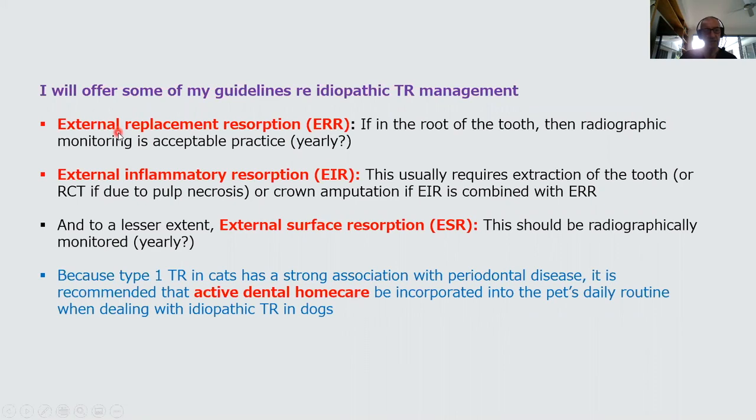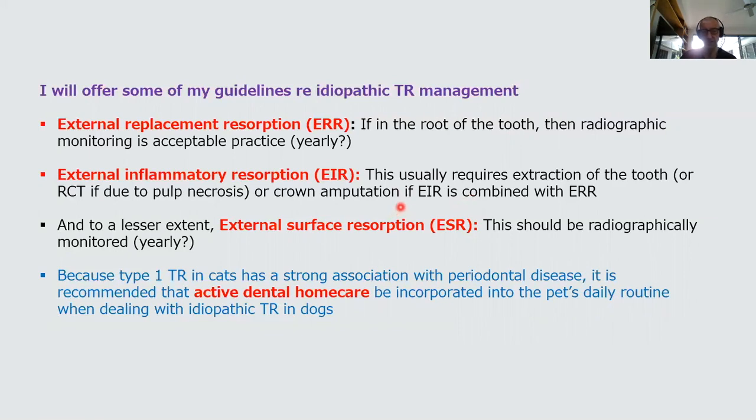So if we're dealing with external replacement resorption, if it's in the root of the tooth and more at the apex, then it would be acceptable to radiographically monitor these in practice. When we're dealing with an external inflammatory resorption, or EIR, this usually is associated with either inflammation at the crestal bone level in the cervical area of the tooth, or associated with pulp necrosis.